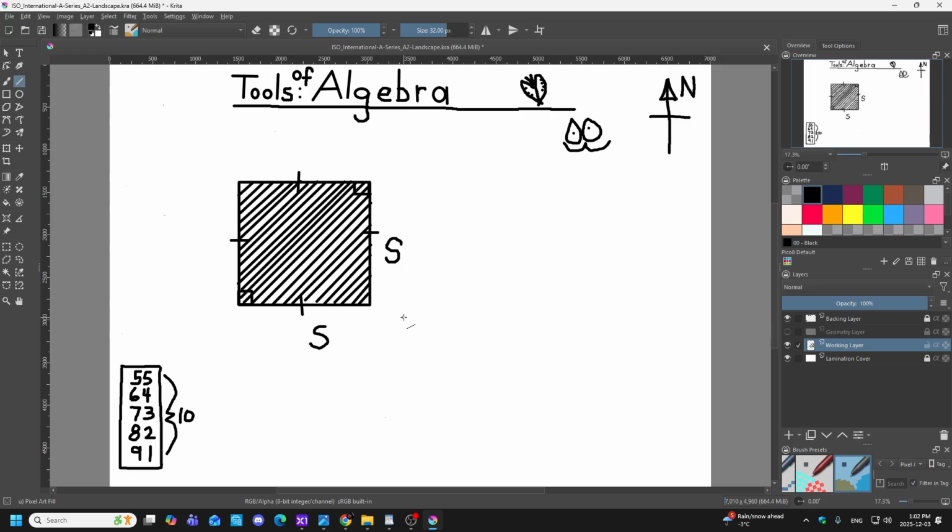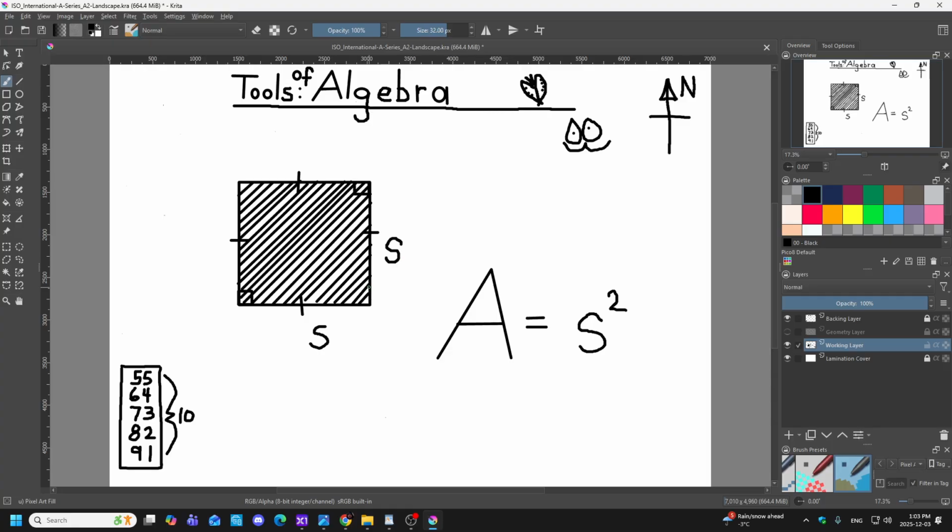Again, a square, same concept. The surface area. The formula for that is A equals S squared.